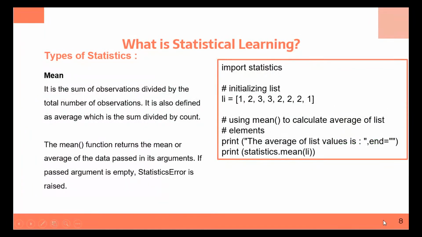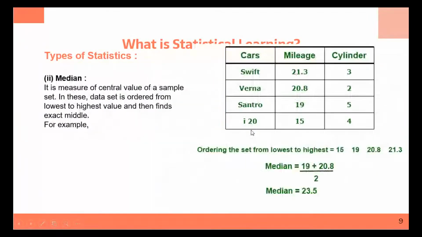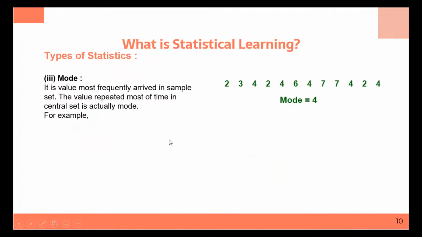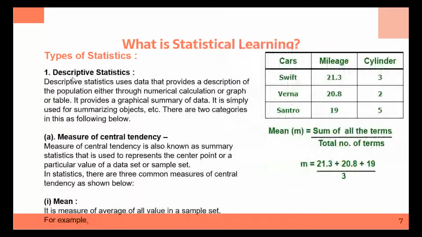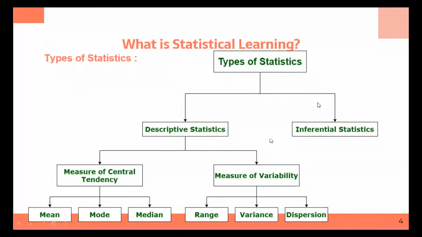We first saw the mean, then in one example we saw the median, which describes the data, and then the mode. Three things we saw: mean, median, and mode.